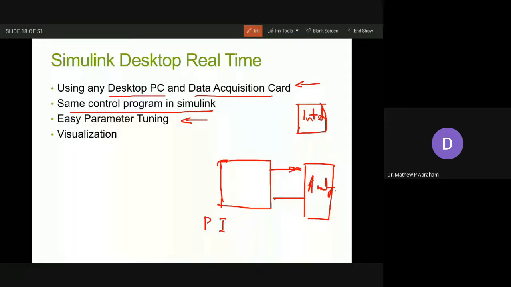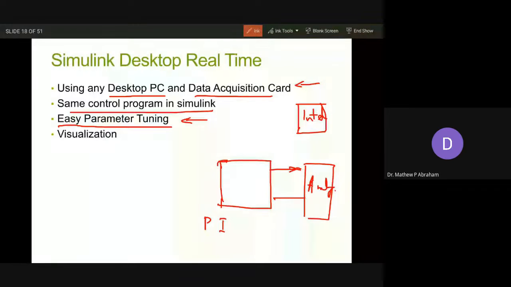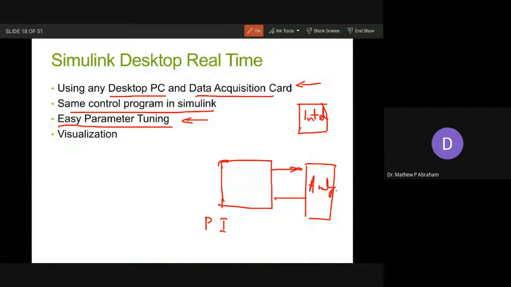The new value will be automatically downloaded and the program will be automatically updated. Right? Parameter tuning is one of the best features of Simulink desktop real-time. And at the same time, all these values can be easily monitored.